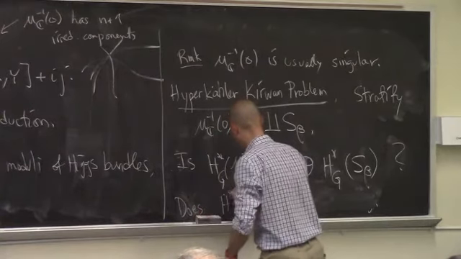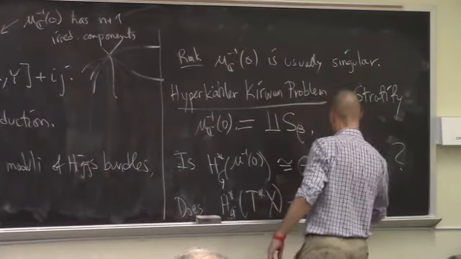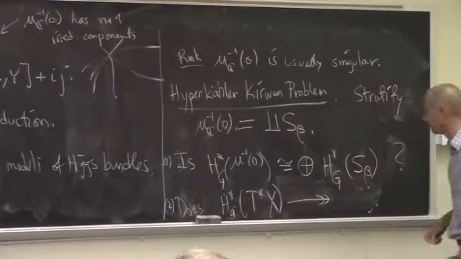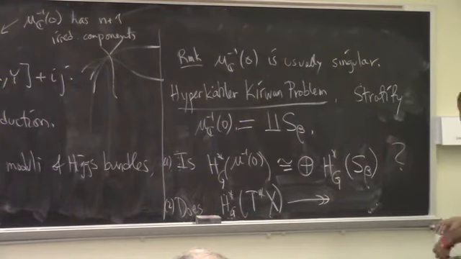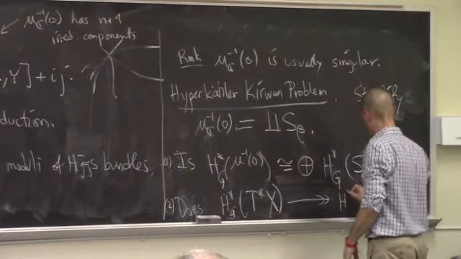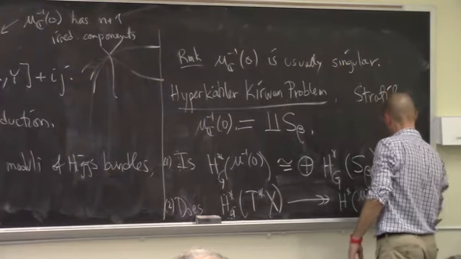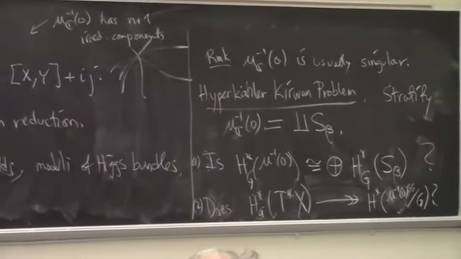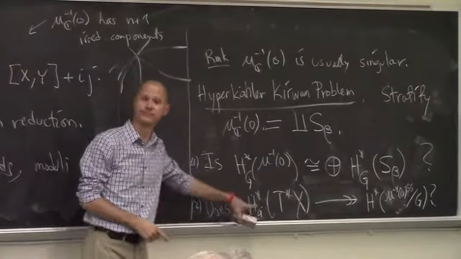Here's the first question; second question: does the cohomology of the cotangent bundle of X, the ambient space, where I cut down to this mu inverse of 0 and then take the quotient, surject onto the cohomology of this quotient? That would be called the problem of hyperkahler Kirwan surjectivity.